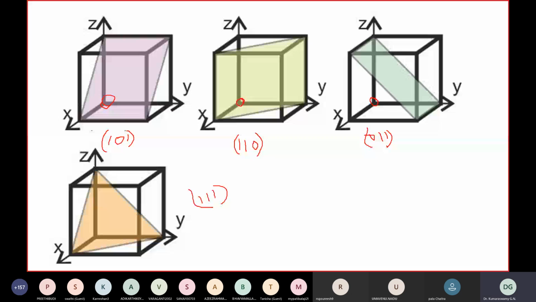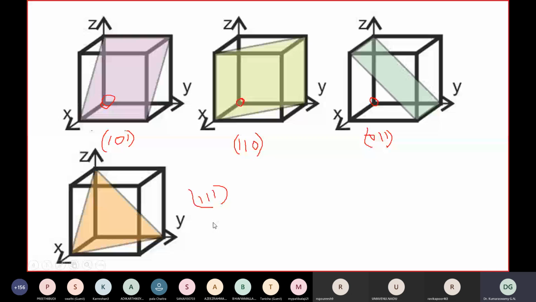If we find the distance of this shaded plane from the origin, what does that give? The interplanar distance, the distance between two planes.